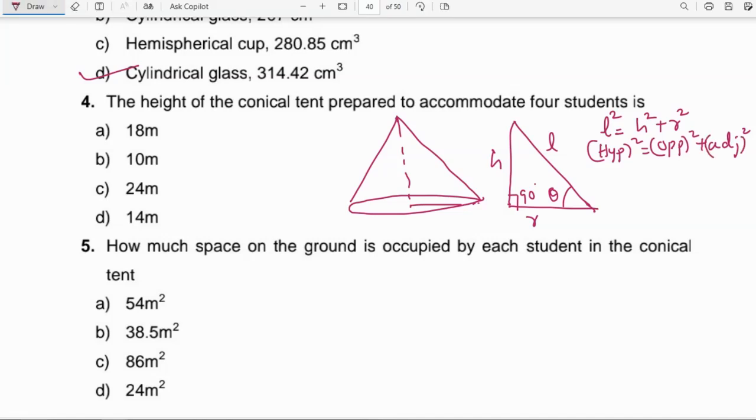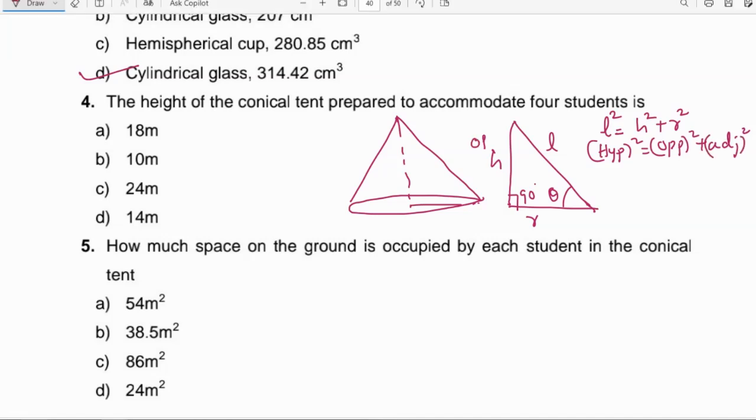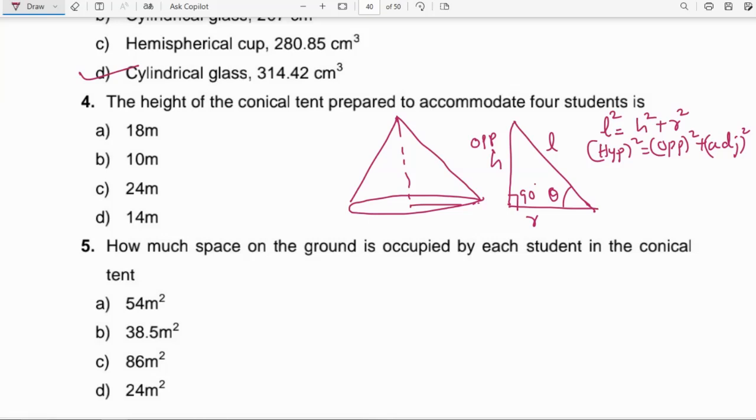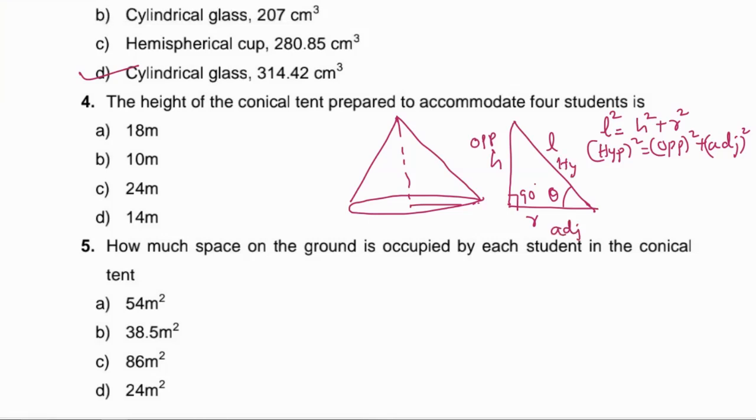So here this will be opposite, this will be adjacent, and this will be hypotenuse. Now they have given the height of the conical tent prepared to accommodate 4 students. We have to find it.